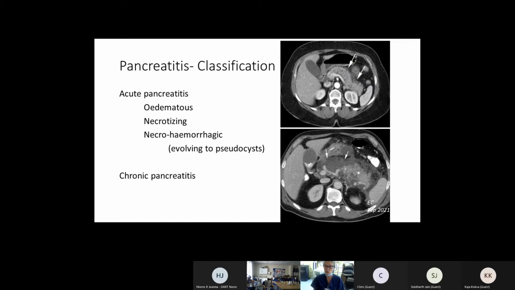There's another stage in which sometimes this area of necrosis will be limited by a wall, and then we call it pseudocysts, and this is important in the management of pancreatitis, as we will see.